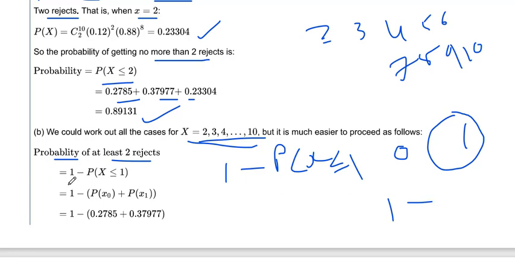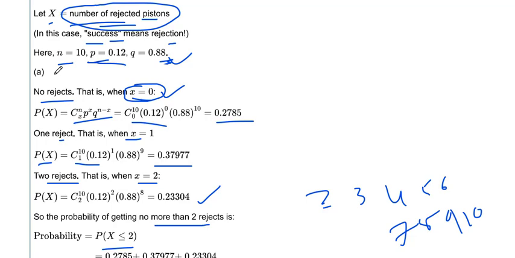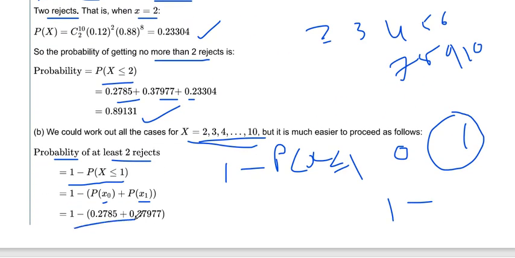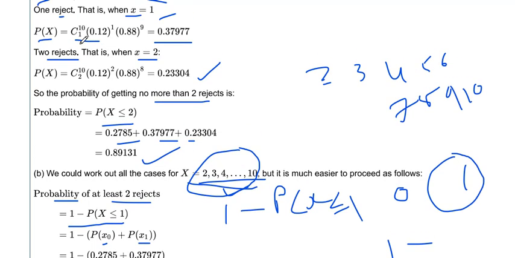So 1 minus the probability of x less than or equal to 1, that is x0 and x1, which we have already calculated. So we just have to put in the answers. It gives the right answer if you solve with the other method too, but it is much more complicated, because you have to use the formula 9 times.